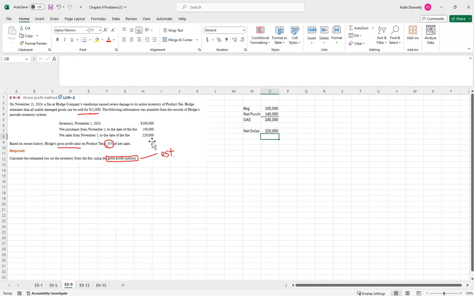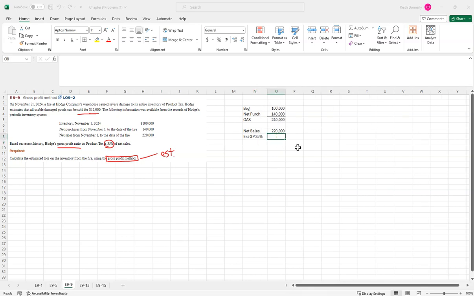On those sales, we have an estimated gross profit margin of 35%. So what we'll do is take the 220 times 0.35, that's 77,000.